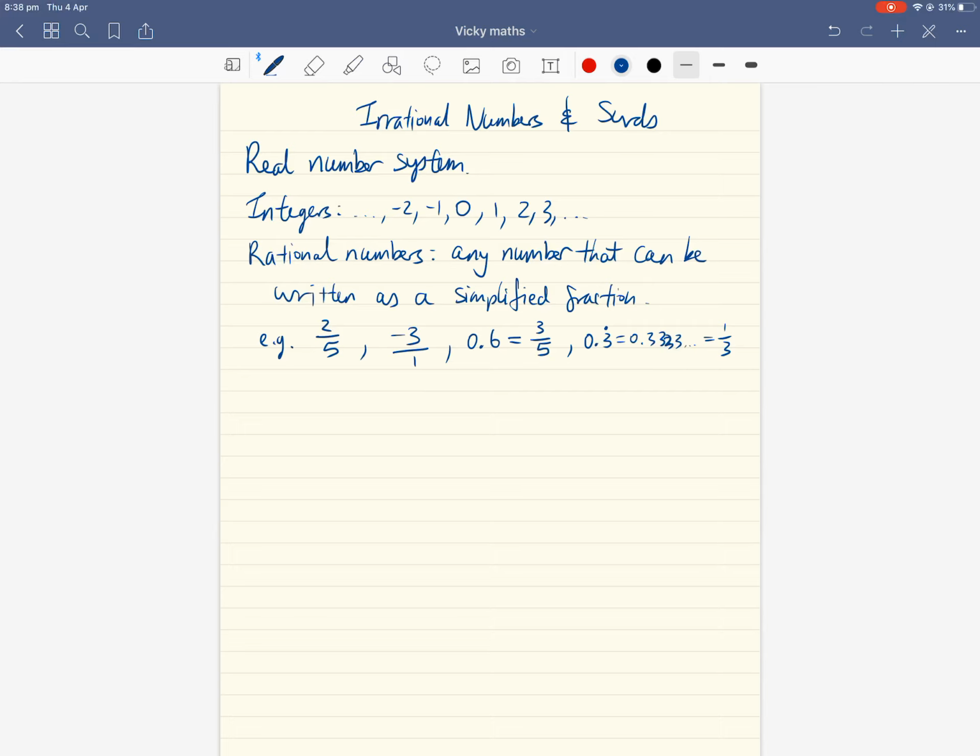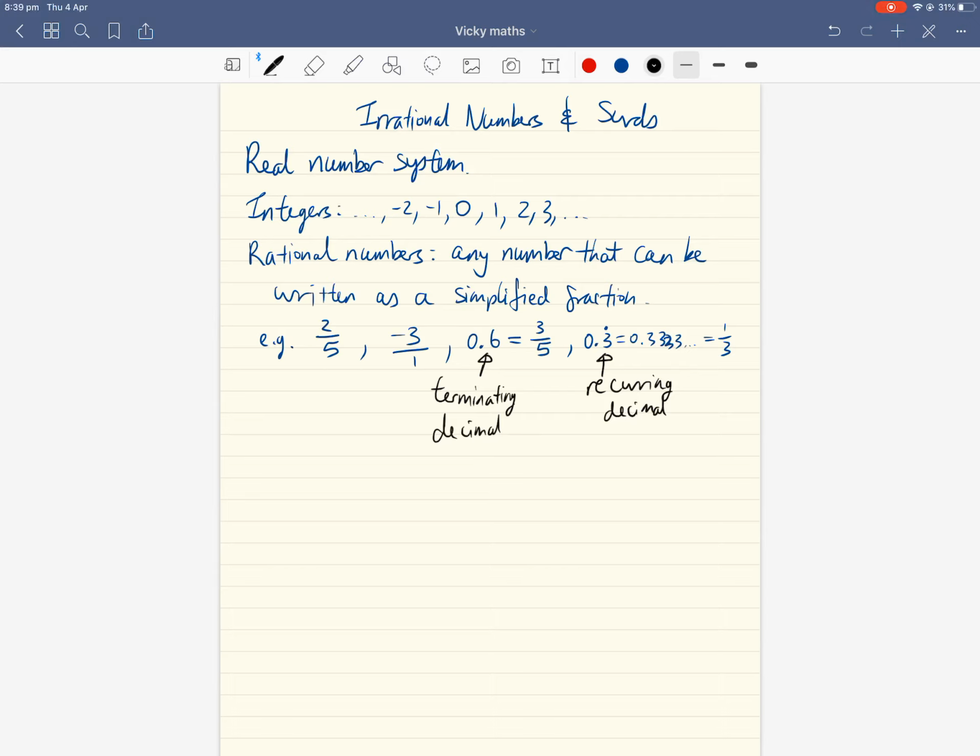So whole numbers, fractions, or even decimals, they can be written as fractions, so they are all rational numbers. In particular, 0.6, we call it a terminating decimal because it's a decimal that stops. 0.6, stop, that's it. Versus 0.3, forever recurring, is called a recurring decimal.